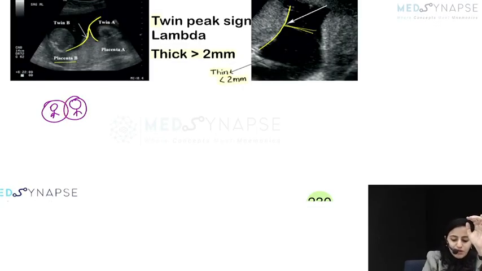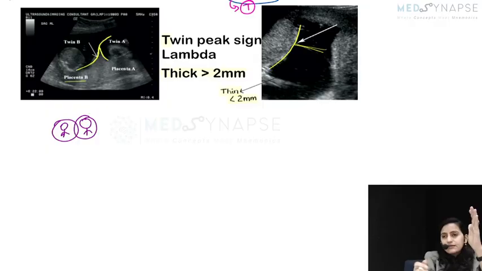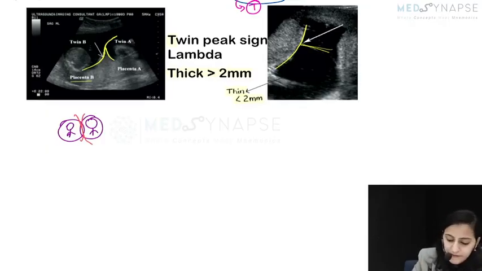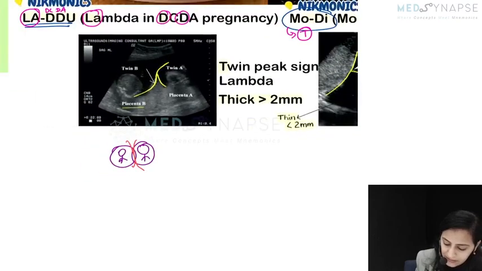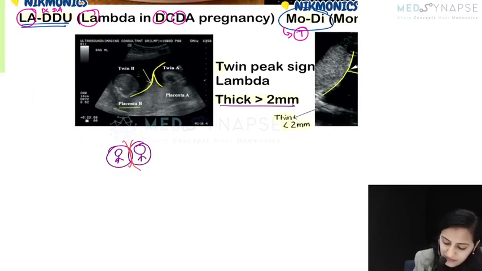Now this diamniotic could be monochorionic or it could be dichorionic. Now in which of these will the separating membrane be thick? Dichorionic, diamniotic. Right? So remember that a thick membrane will be seen with the lambda sign, which is also called twin peak, that is DCDA.